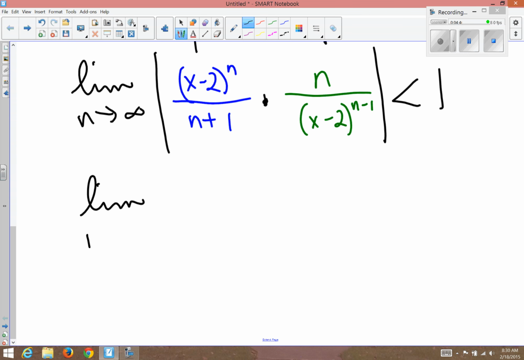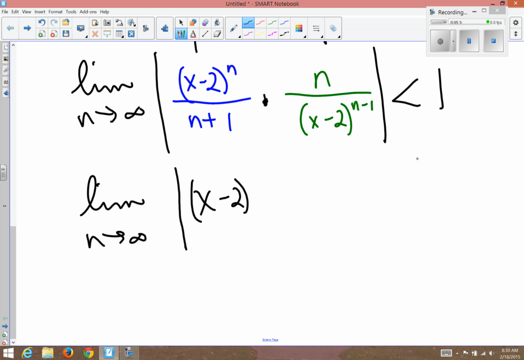Limit as n approaches infinity. (x minus 2) to this exponent over (x minus 2) to this exponent is just x minus 2, because when dividing with like bases, x minus 2 is the like base. We keep the base, x minus 2, and subtract the exponents.